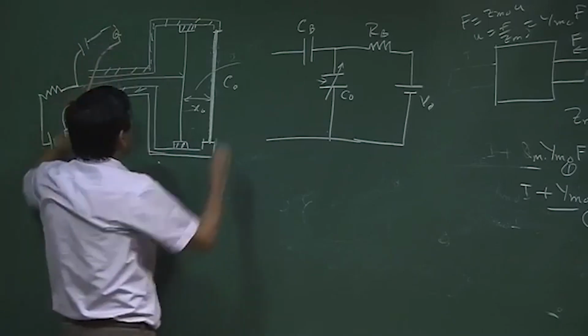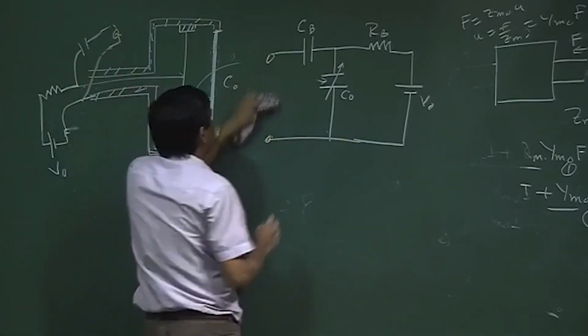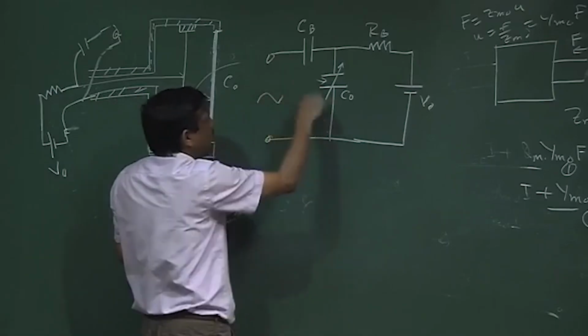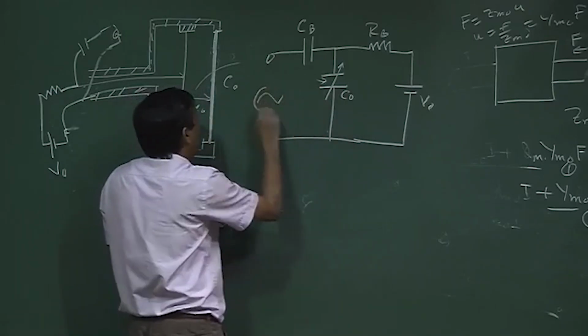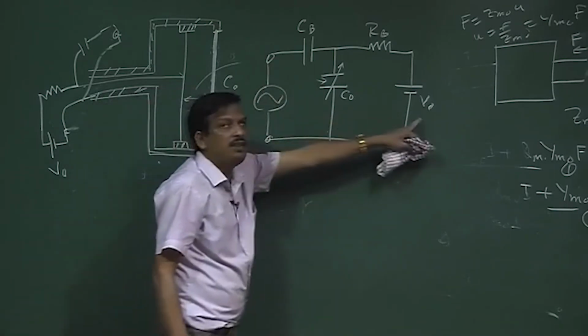Okay. So, when I apply the signal voltage, I apply it here. I can draw the signal voltage like this, and V0 is the static voltage.